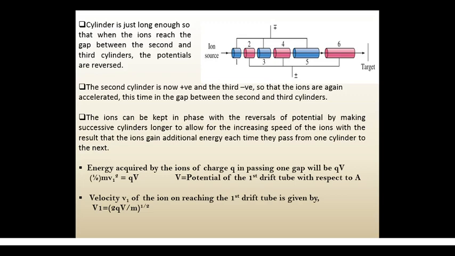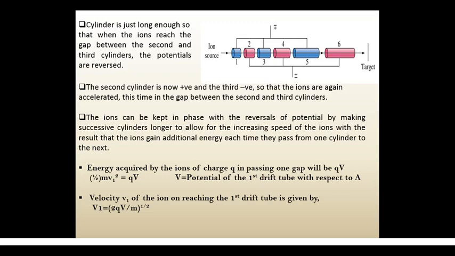So we can write half m v1 square is equal to qV. That is the energy acquired by the ions of charge q in passing one gap. And V is the potential of the first drift tube.